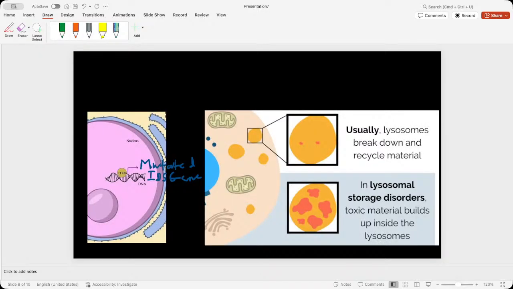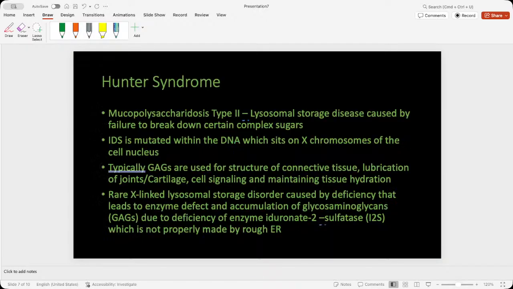damage. So what is actually happening here is that the DNA is mutated because the IDS gene is mutated. Then it gets sent out, signaling the ribosomes, and they're not going to make the proper enzyme that's used to break down these GAGs, as I mentioned earlier.